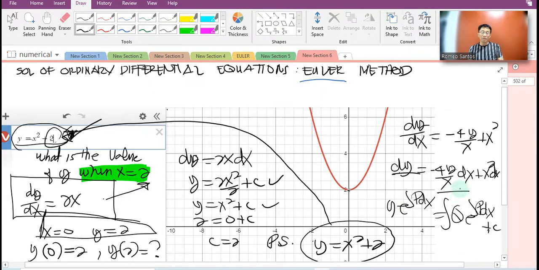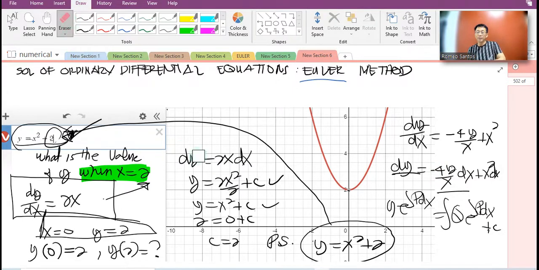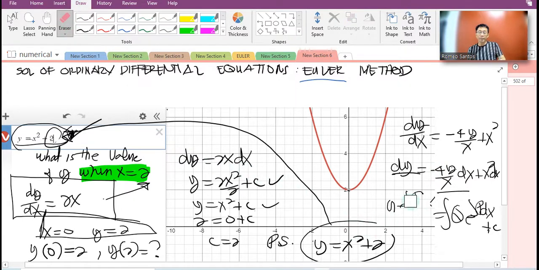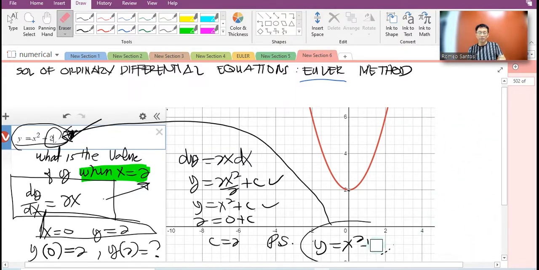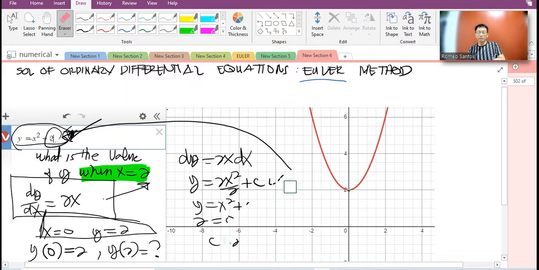Okay, so i-discuss na natin yung principle ng Euler method. Then later on na lang yung sample problem ng Euler method na differential equation. So, erase muna tayo, okay? So, this is just an introduction to Euler method para maintindihan nyo yung solution.